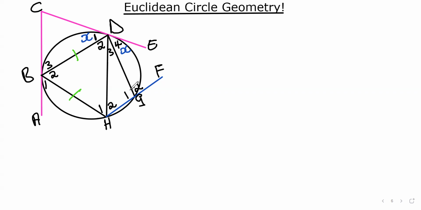HG is extended to the point F, that's true. BD is equal to BH, and D1 is equal to D4, and both of them are equal to x. Right.